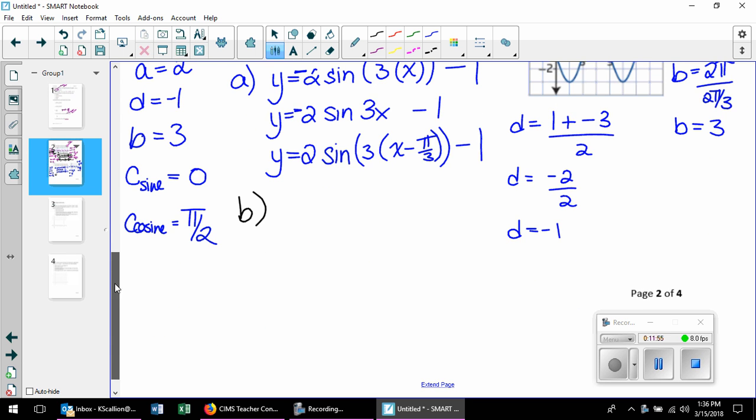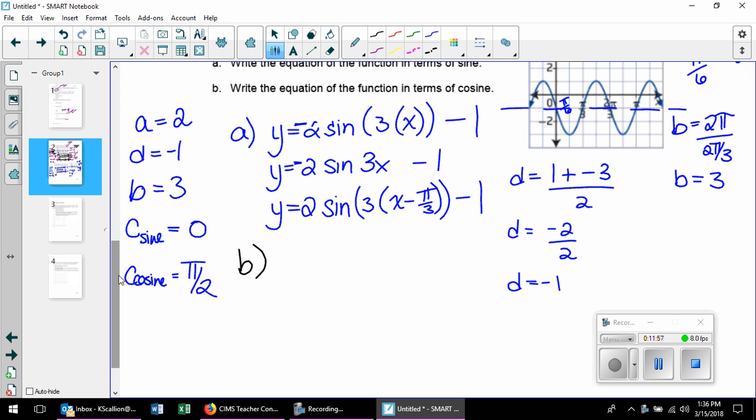So for cosine, I'm looking for my very first maximum. That was a little easier to see, hopefully. So cosine is going to be y equals 2 cosine. Do you know how many people get that wrong? Like I say, write an equation for cosine in terms of cosine, and they do everything right for cosine, and then when they write it in, they write sine.